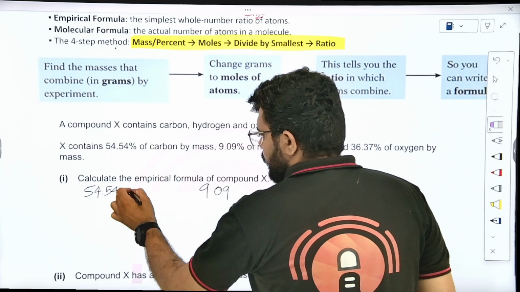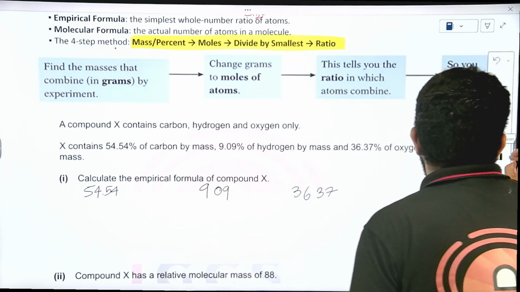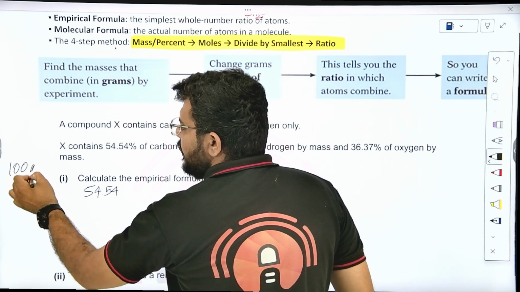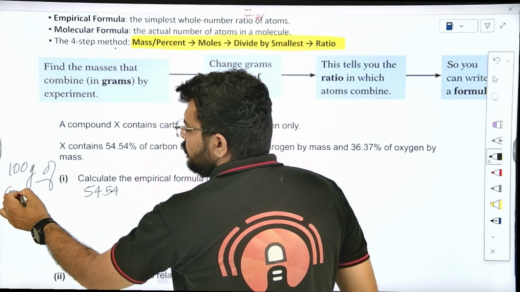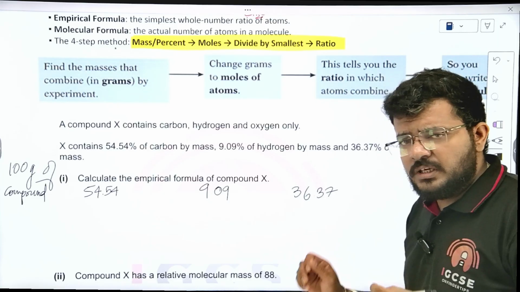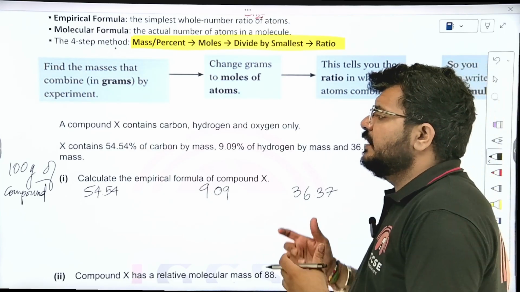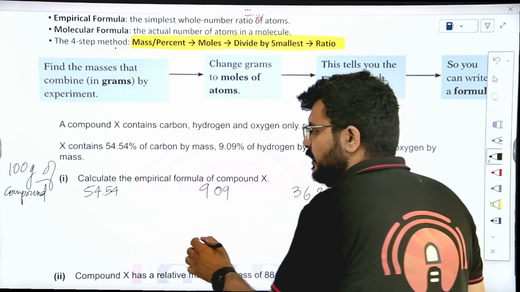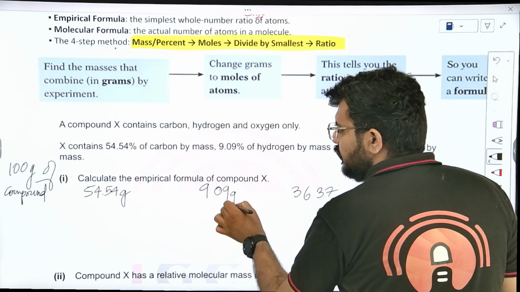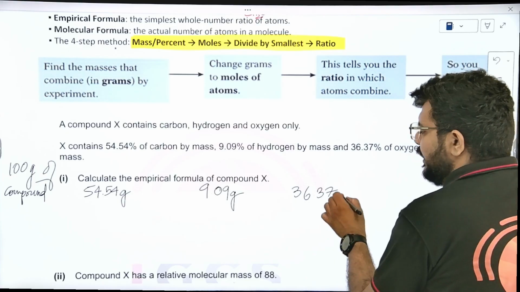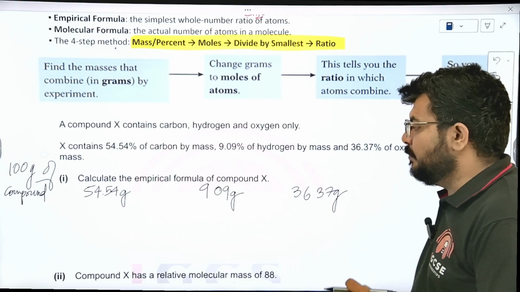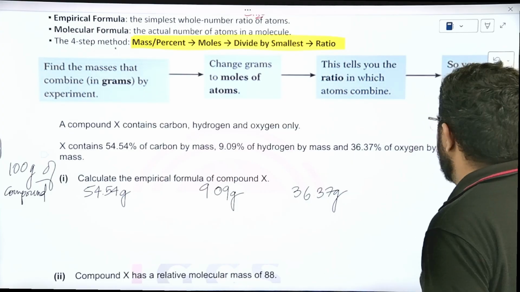Now instead of percentage, I can start by writing, if I have 100 gram of compound, because percentage is out of 100, which would mean I have 54.54 gram of carbon, 9.09 gram of hydrogen, and 36.37 gram of oxygen by mass.